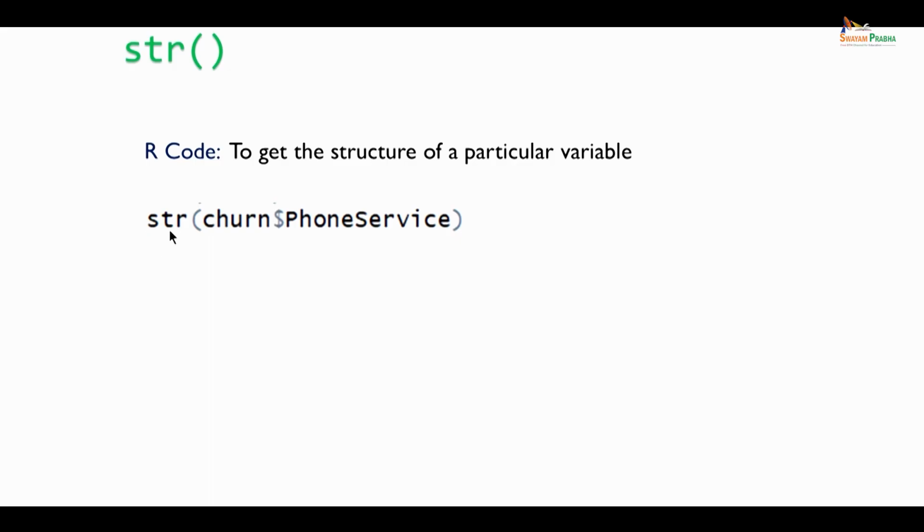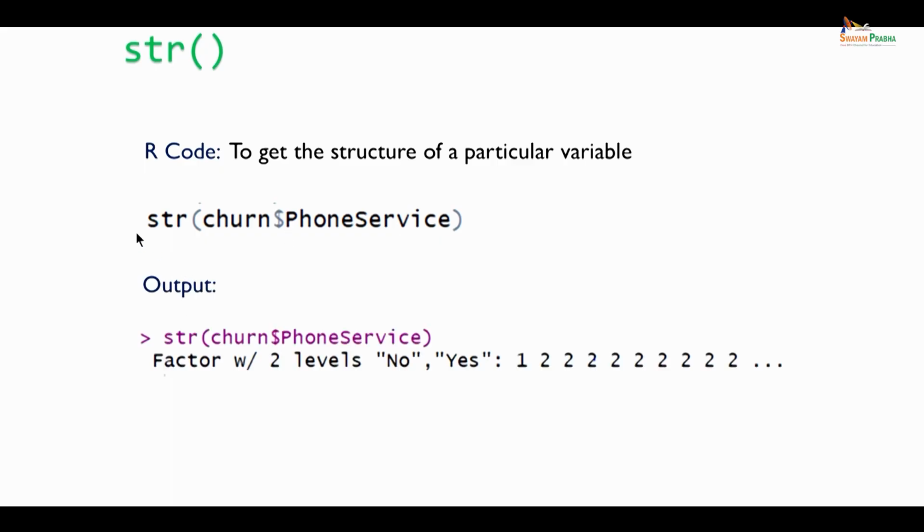You can use the str command here. Inside the parenthesis, you can specify your data frame and you can access the particular variable from the data frame using a symbol called $. So, when we look at the structure of a phone service, it says it is a categorical variable with two levels, that is yes or no.